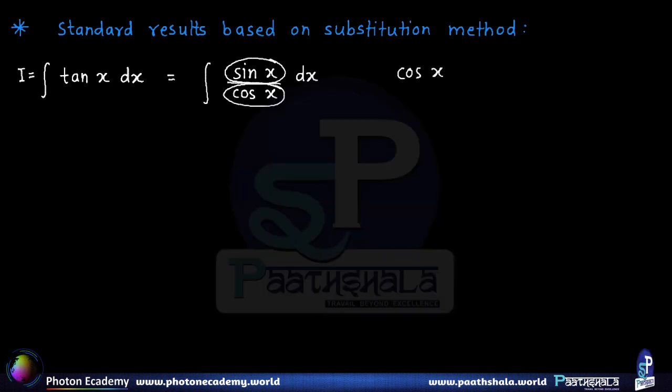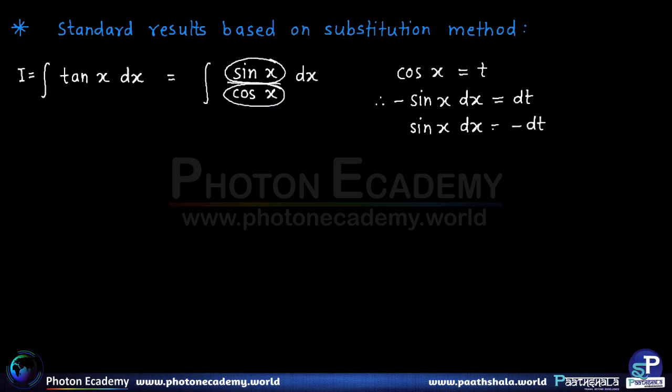So we say let cos x be replaced with t, so minus sin x dx will be nothing but dt. In other words, sin x dx is nothing but minus dt.